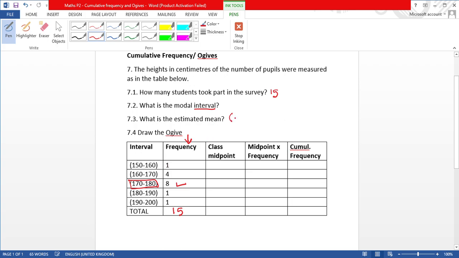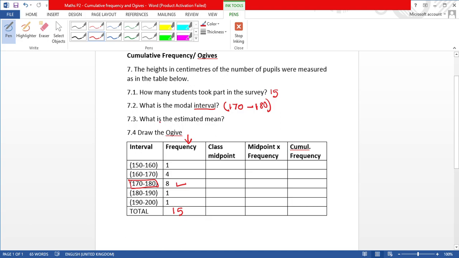So let's write it under 7.2. It's 170 and 180.